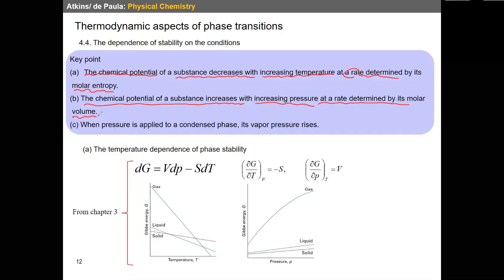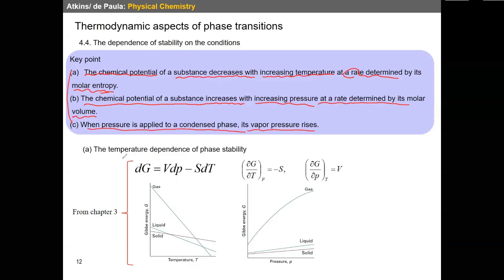And when pressure is applied to a condensed phase, its vapor pressure rises. This is what we will learn today: how these statements can be satisfied from the thermodynamic equations.